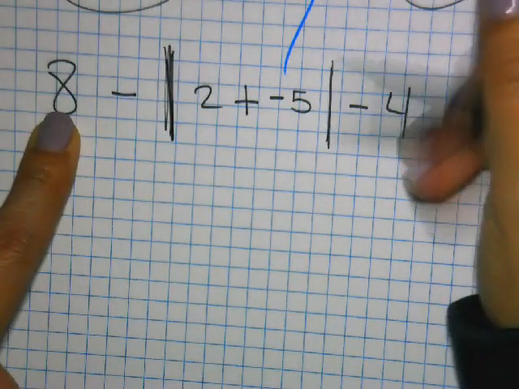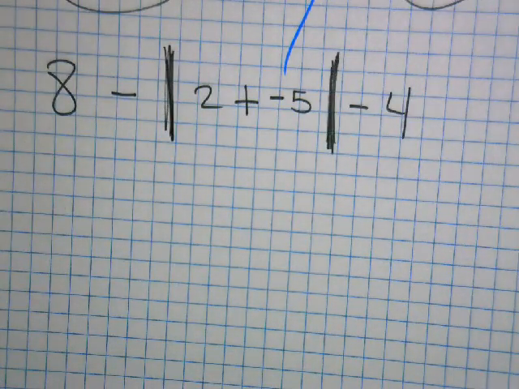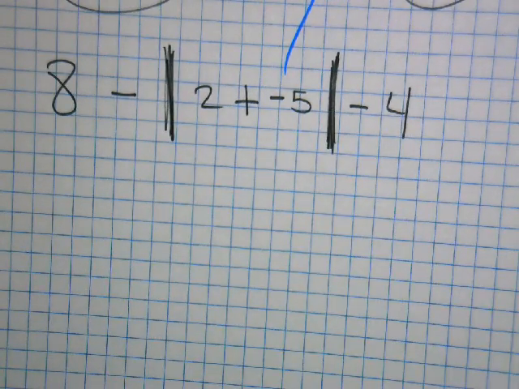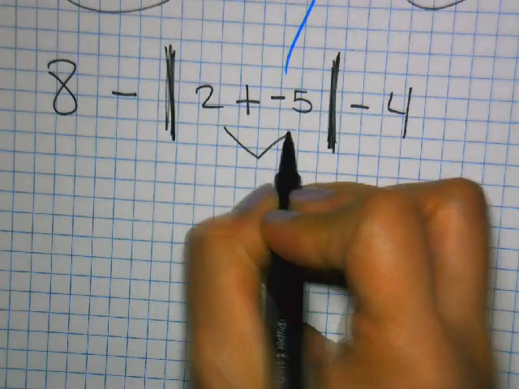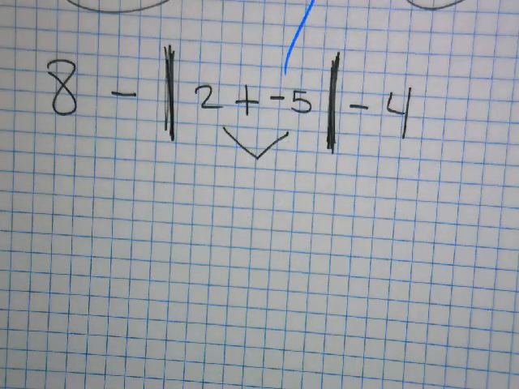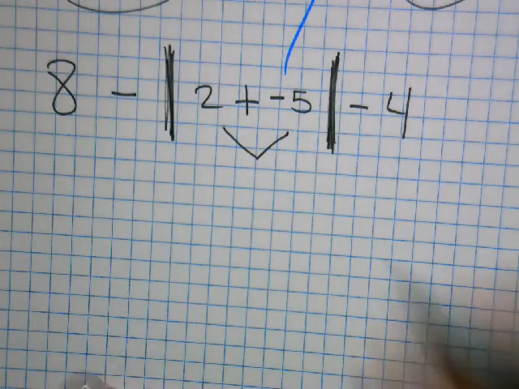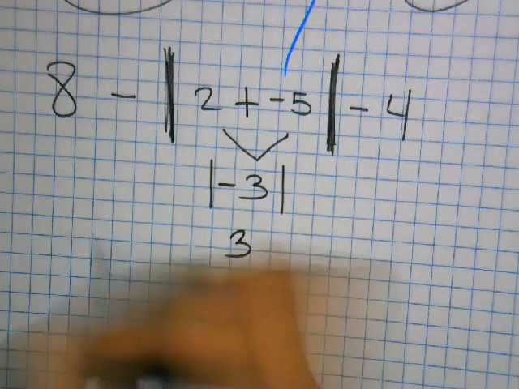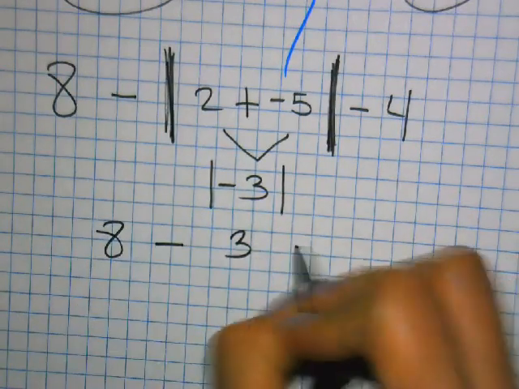Then we have numbers with bars. Numbers with and without bars. So, kind of treat them like parentheses. What would you do first? The bars first. So, I have a problem inside. I'm going to do the problem inside. What's 2 plus negative 5? Negative 3. What's the absolute value of negative 3? 3. So 8 minus 3 minus 4.